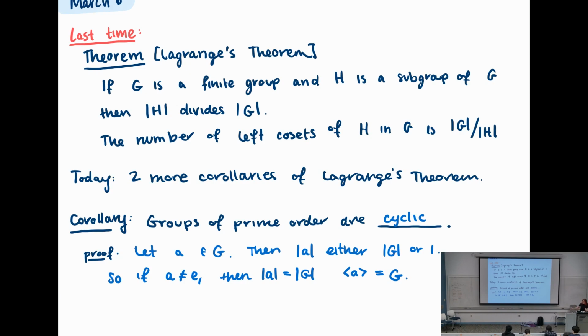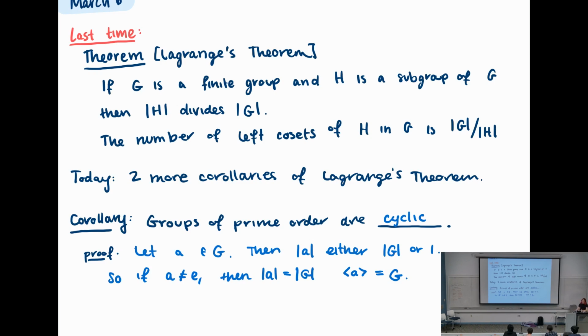This classifies groups of prime order, because we also know that cyclic groups are always isomorphic to Z mod the order, so whenever you're handed a group of prime order, you know automatically that it's like Z mod p.